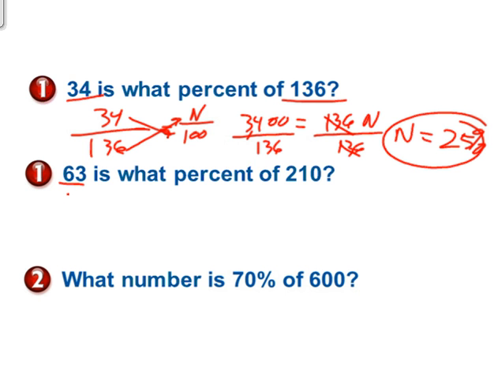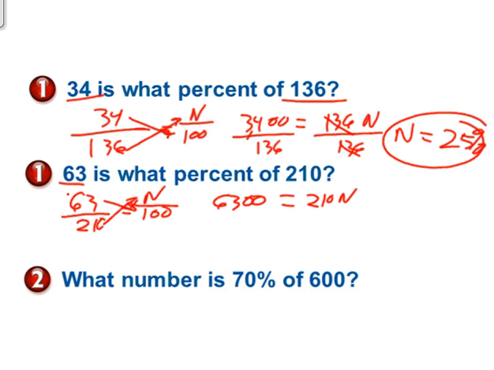63 is what percent of 210? So 63 over 210 is equal to x percent, or our unknown percent, over 100. Again, we've solved this by cross multiplying. So it's 6,300 is equal to 210 times n. Divide both sides by 210.